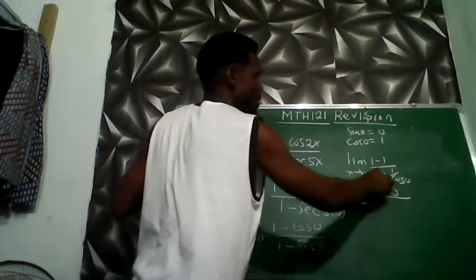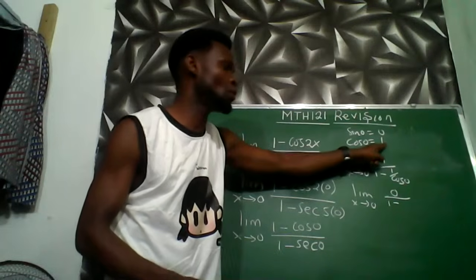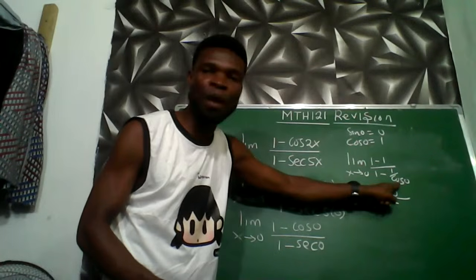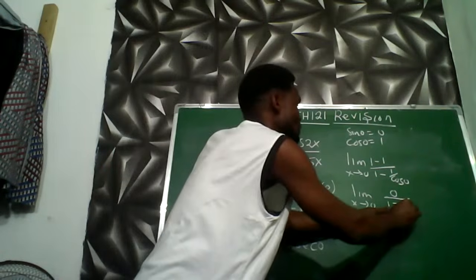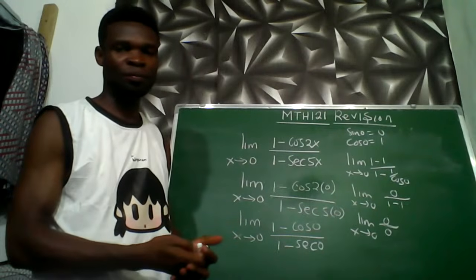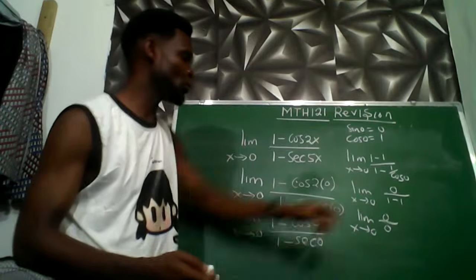So 1 minus 1 is 0, all over 1 minus 1 divided by 1, which is 1, and 1 minus 1 is 0. So this is the limit of 0 over 0, which is indeterminate. That means it is not defined. So what are you going to do?